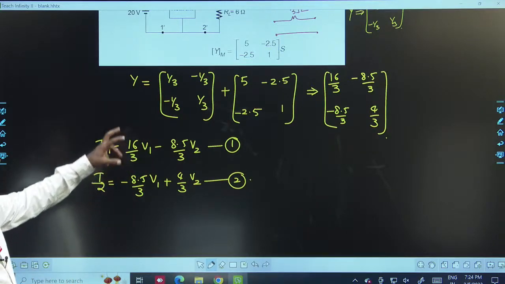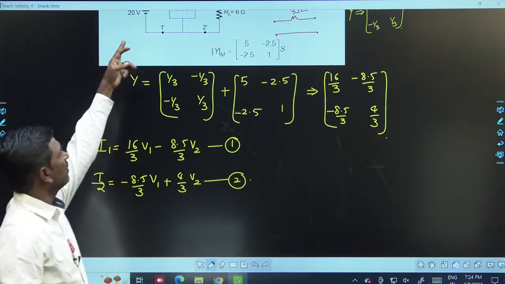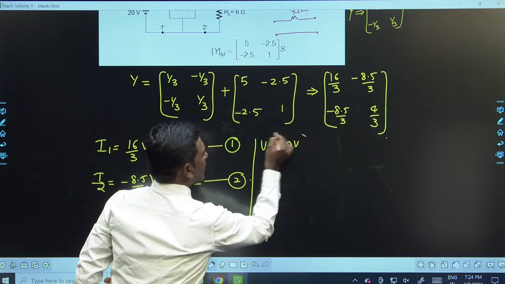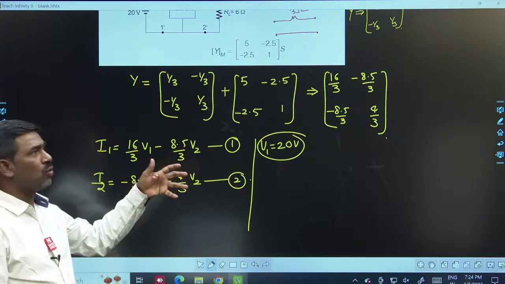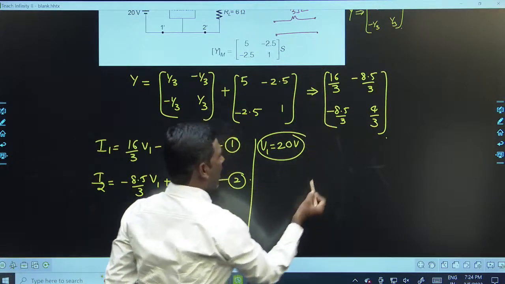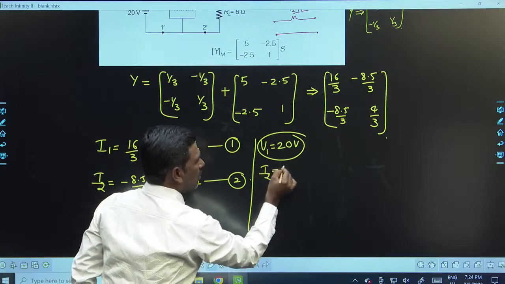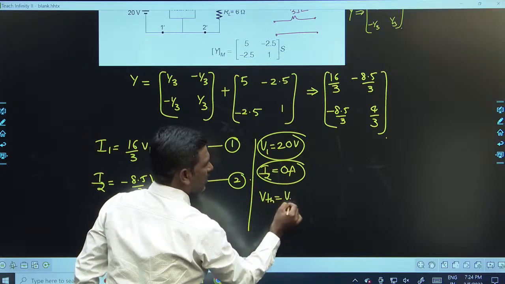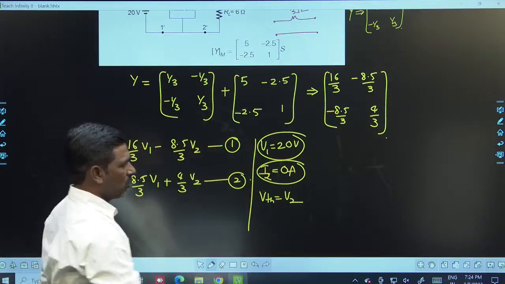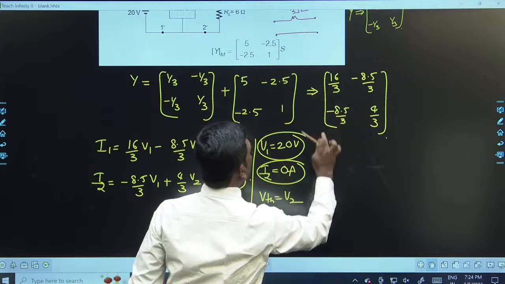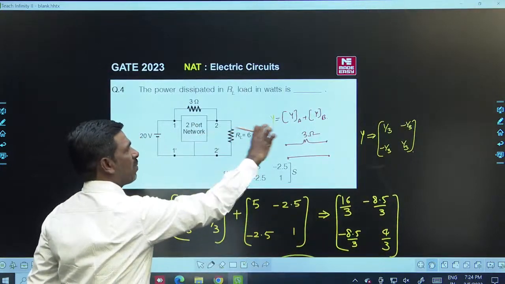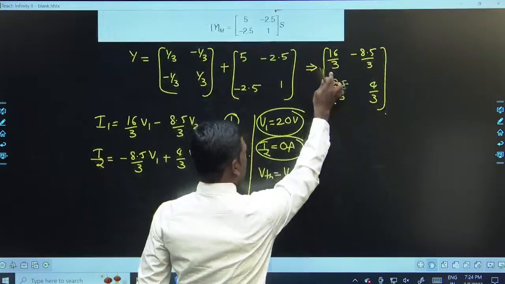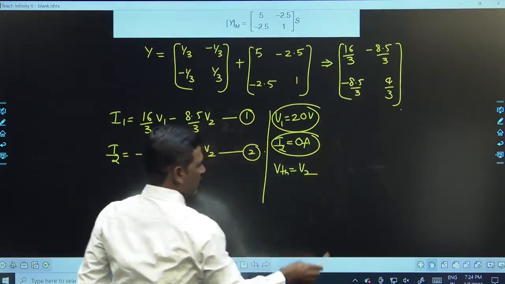In this, V1 is already given as 20 volts. So how to find out VTH? Just open circuit this RL. Open circuit of RL means I2 is equal to 0. When I2 is equal to 0 amperes, VTH is equal to V2 in this figure. Just observe, after open circuiting, this is I2, so VTH is equal to V2 now. Simply substitute in this.